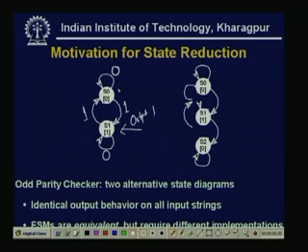Now if we use 3 states, S0 is the initial state, and any number of 0s keeps it in S0. Now if a 1 comes, it will be in S1. Now again if a 1 comes, it should be in S2, with output 0 because of even parity.